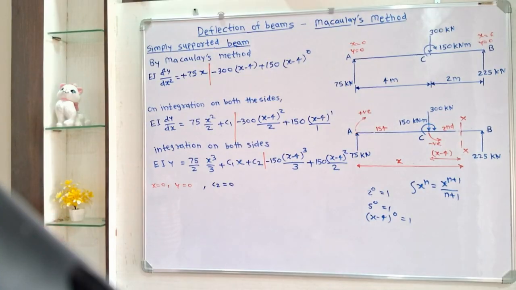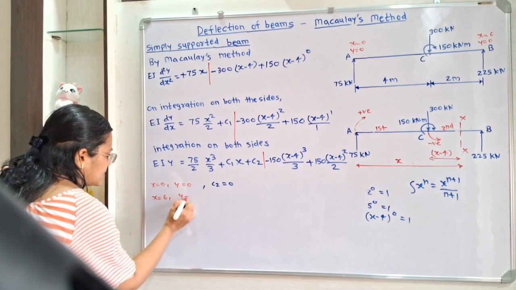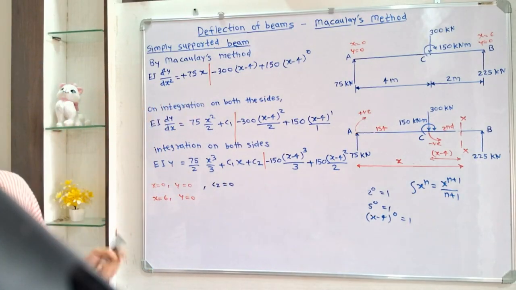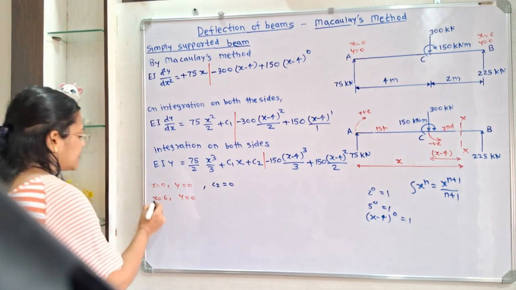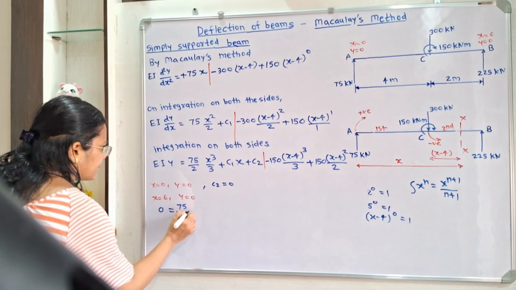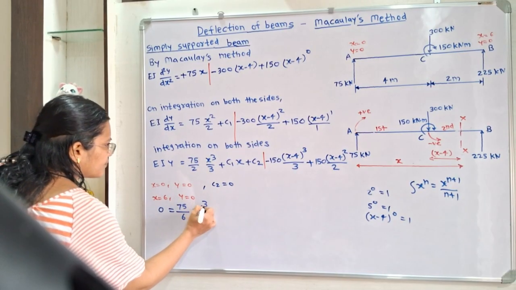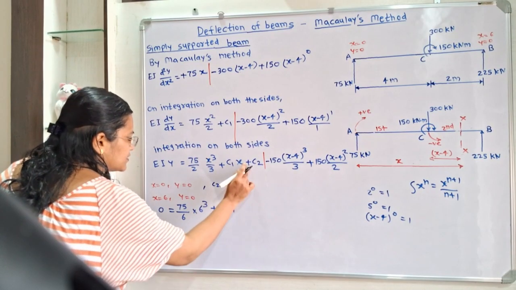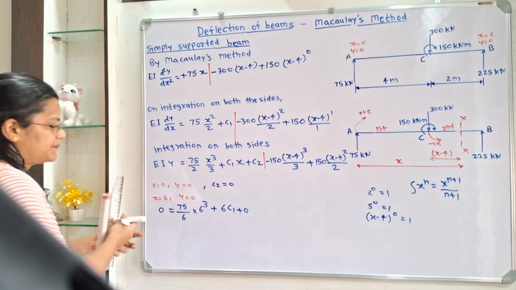And now when we apply x is equal to 6, y is equal to 0, then we have to consider both parts because point B is in the second part. So we will put the values. y is 0, x is 6. So here 75 divided by 6 multiplied by 6 raised to 3, plus C1x, that is 6 C1, C2 value is 0. Here the first part is completed.